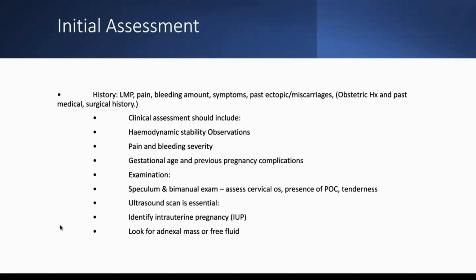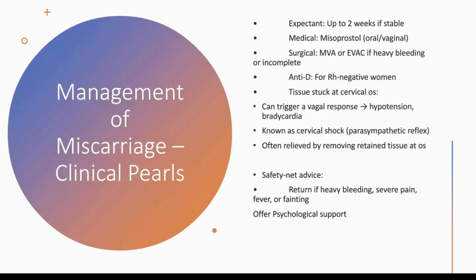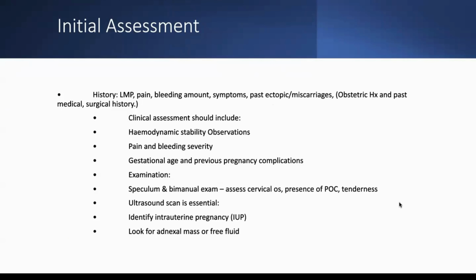So we have to prepare them that there is a very big chance that we're not going to see anything in the uterus when we do the ultrasound. What we are looking for is basically free fluid, any masses in the ovaries, or any complications that we can identify ectopic pregnancy from.